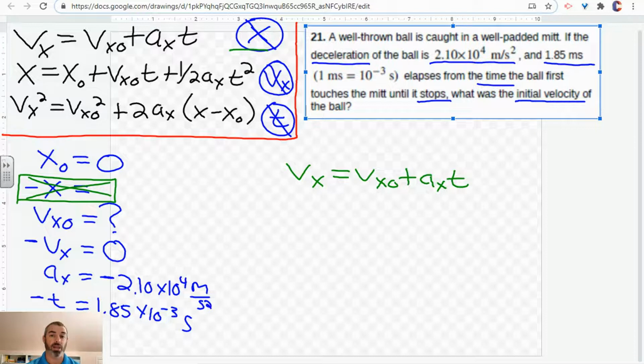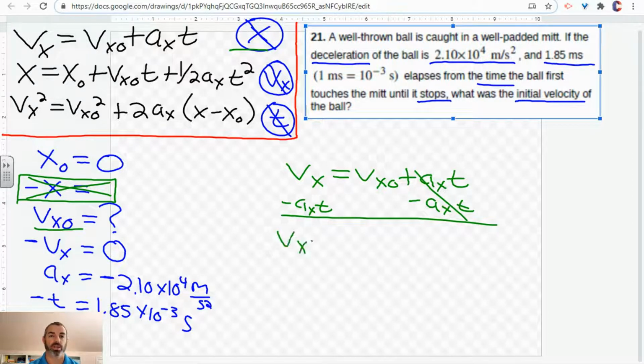They're all symbolic answers, in terms of a question such as: the acceleration is ax, a time of t, and we want to solve for the initial velocity if it comes to a stop. So we're going to solve this equation for initial velocity by subtracting the axt term. And we have our equation for initial velocity.